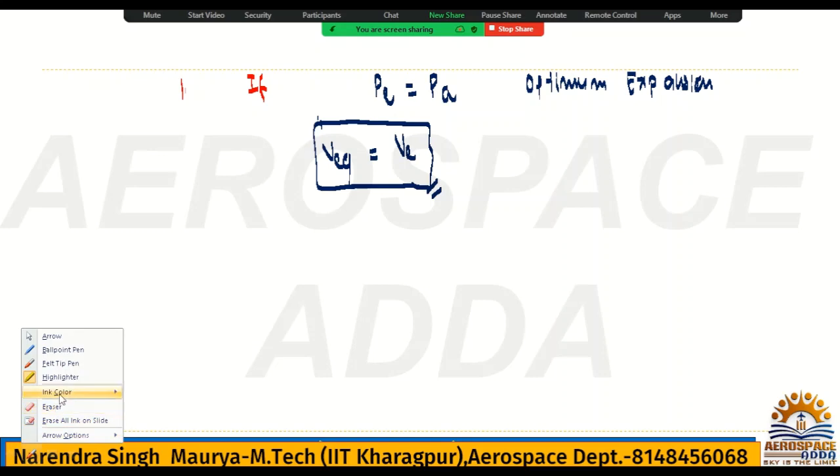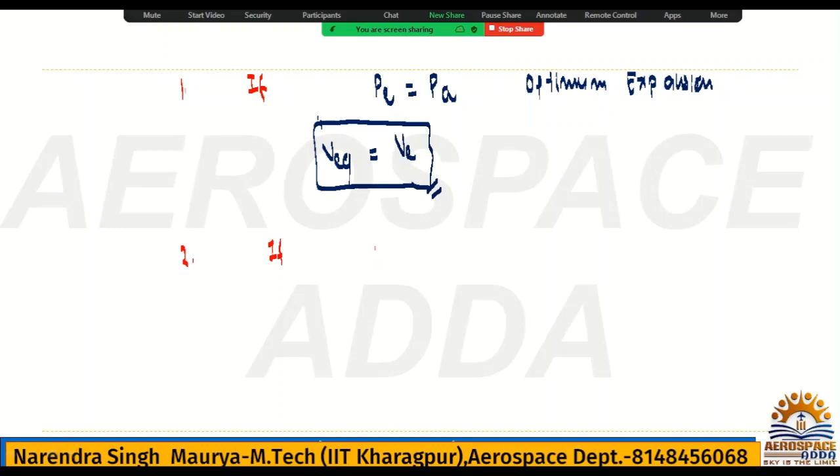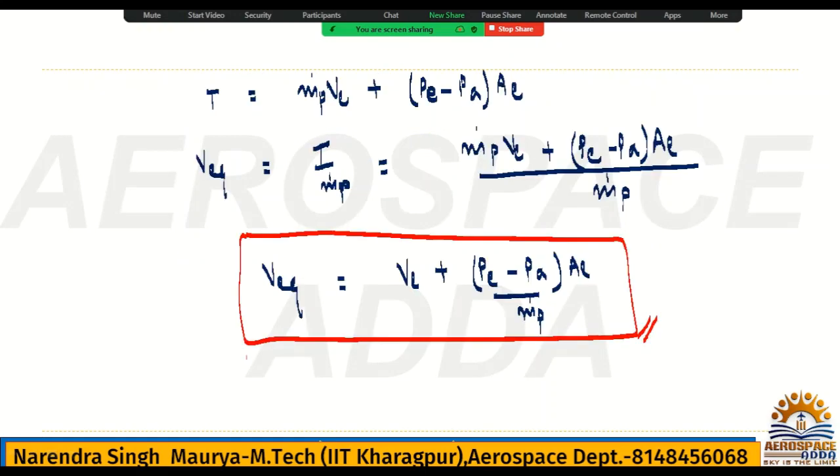But in general, if PE is greater than PA, or PE by PA is not less than 1, then the bracket PE minus PA will have a positive value. So V equivalent is equal to VE plus some constant. What does it mean?